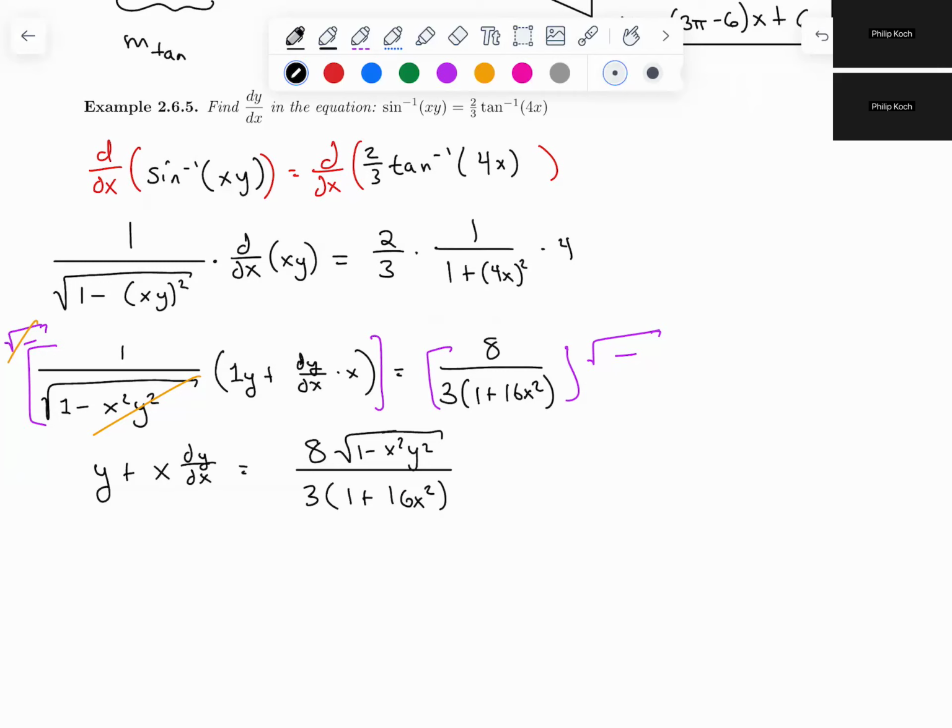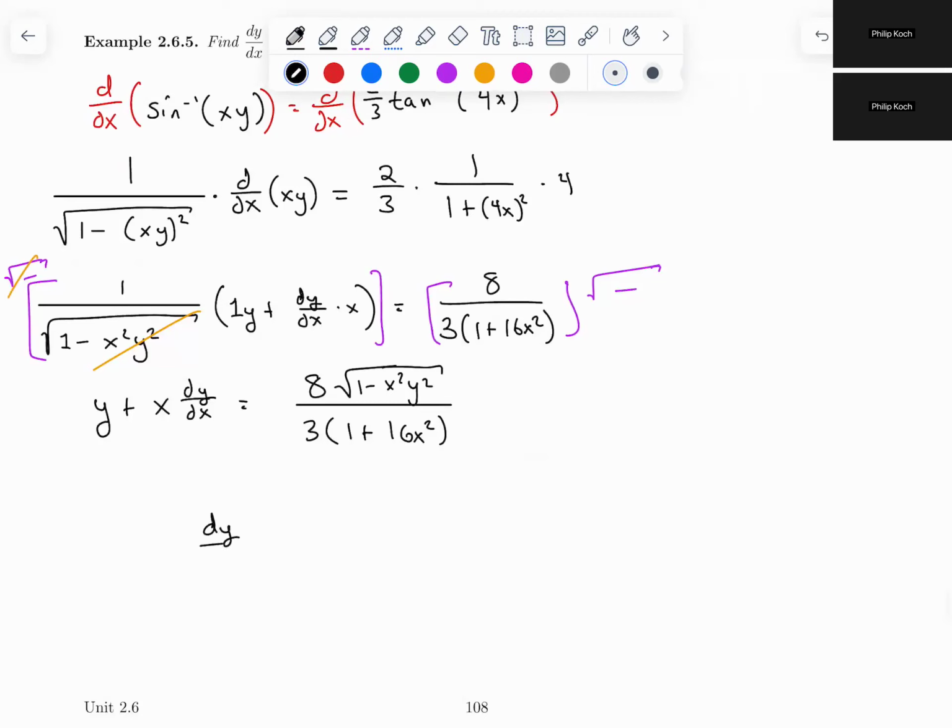The chances of you plugging in a random number and getting the same answer as the solution answer, but it being the wrong function, is astronomical. But anyways, at the end of the day, dy/dx will equal 8 square root of 1 minus x squared y squared divided by 3 times 1 plus 16x squared, minus y, all divided by x.